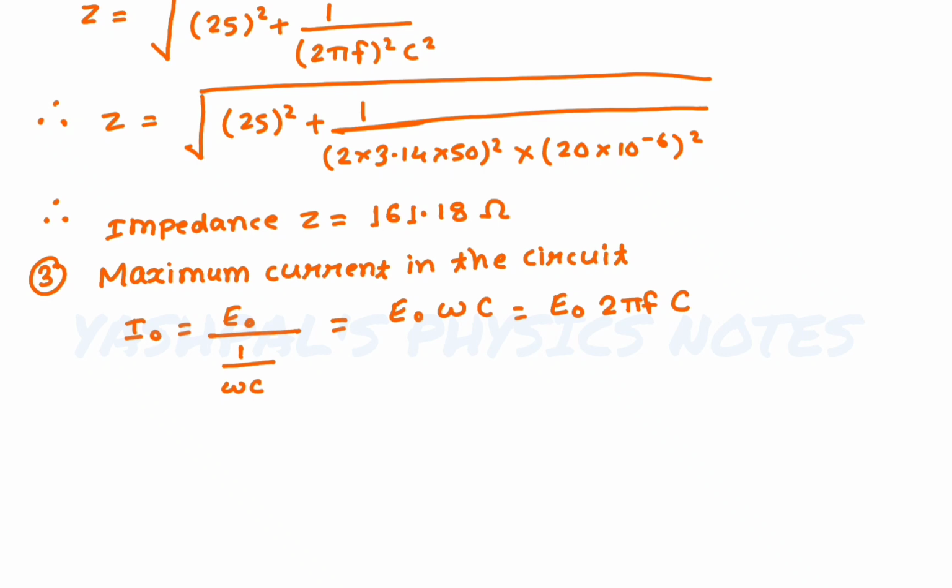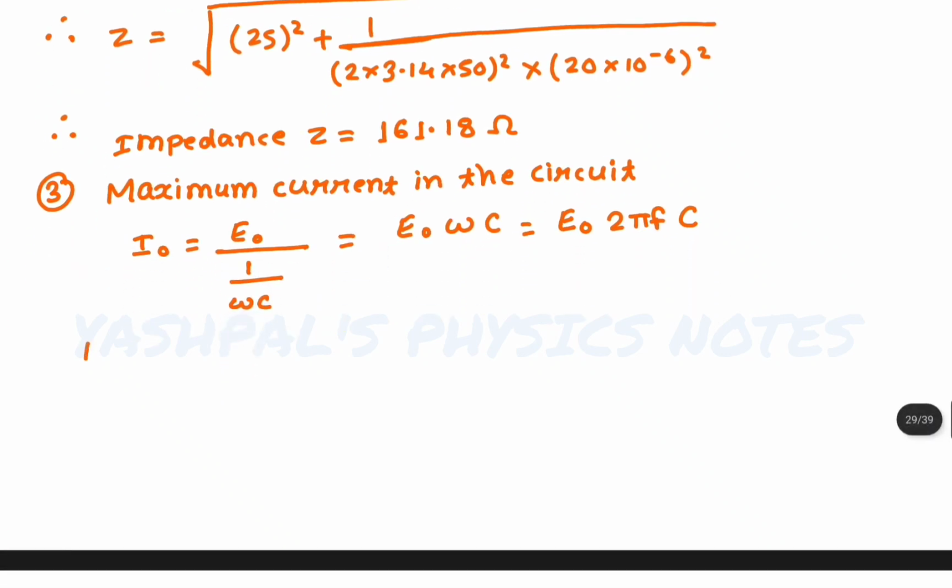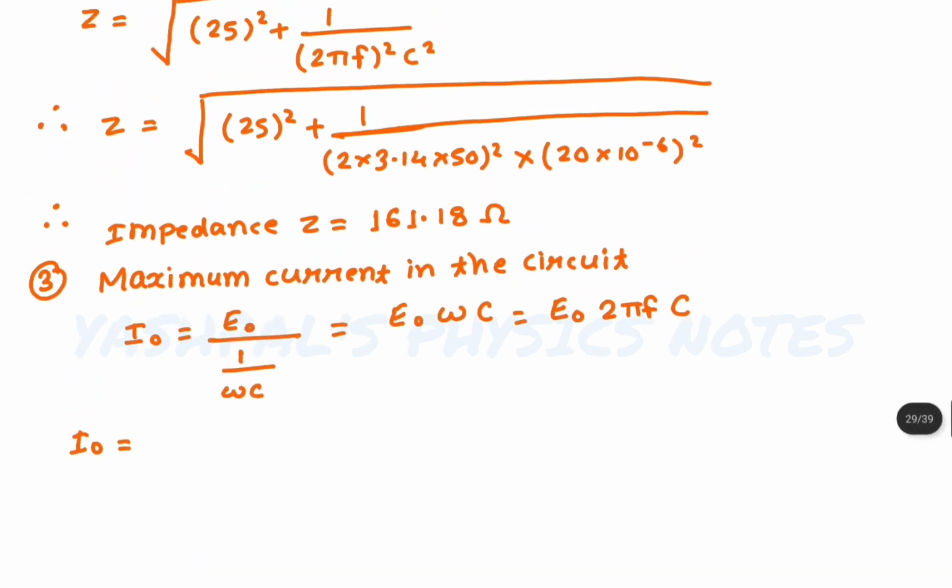C is capacitance. Now in the next step, substitute the values. I naught is equals to, what is the value of E naught? Here E naught is nothing but the EMF. C is capacitance. So don't get confused here.